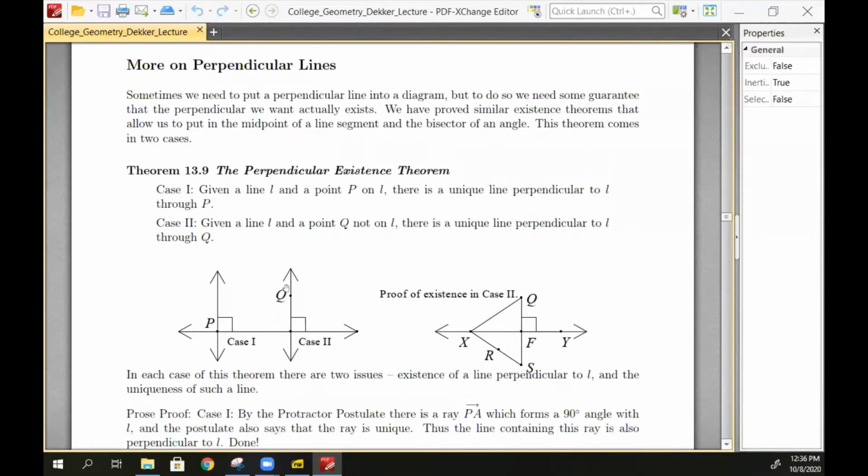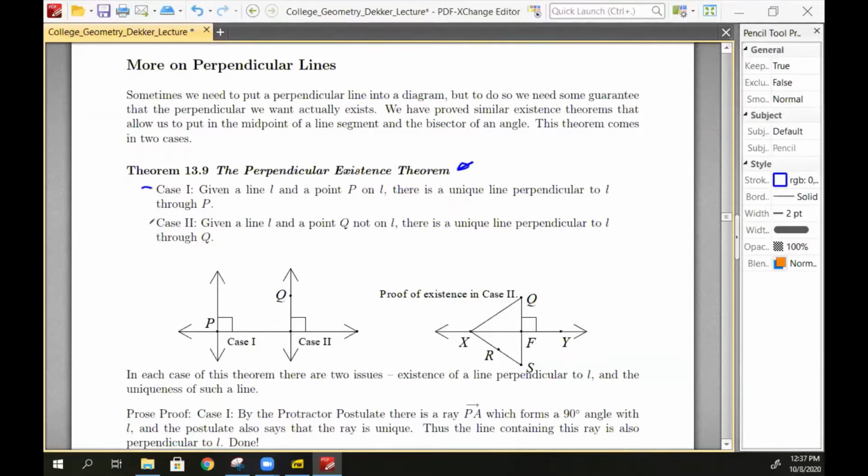We've talked a little bit about perpendicular lines previously, and so we want to make that conversation a little bit more formal by saying that we can have the existence of perpendicular lines. There's two ways that we typically encounter wanting a perpendicular line.